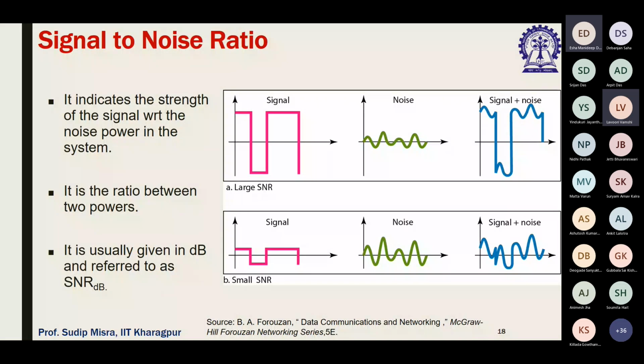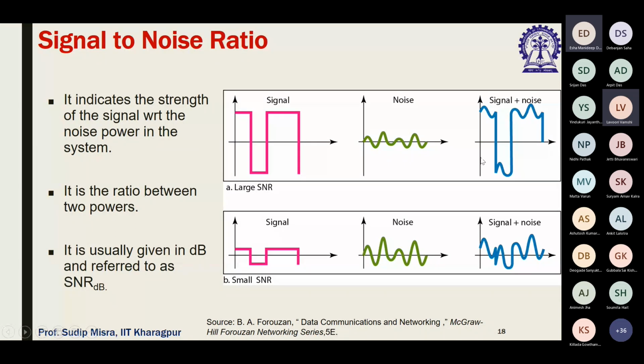SNR, signal to noise ratio, is usually given in decibels and represented like this, SNR dB. Here you see that if you have a signal, it is affected by noise, and this is how the signal plus noise is going to look.